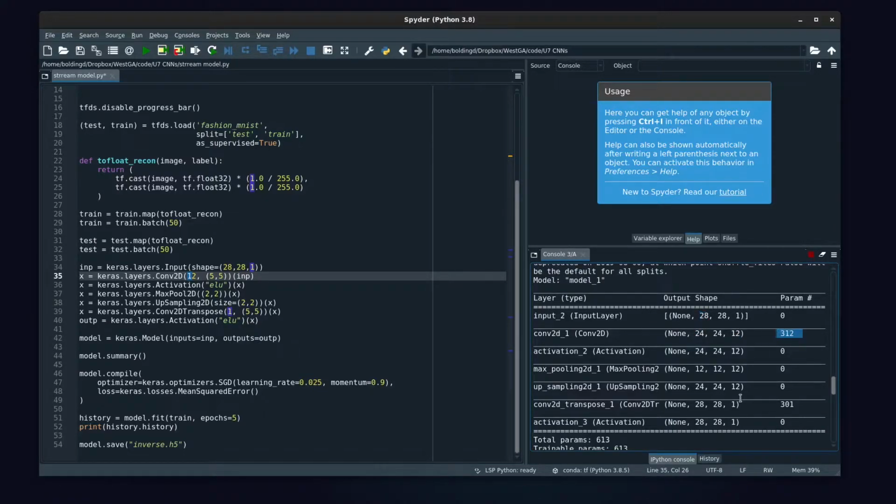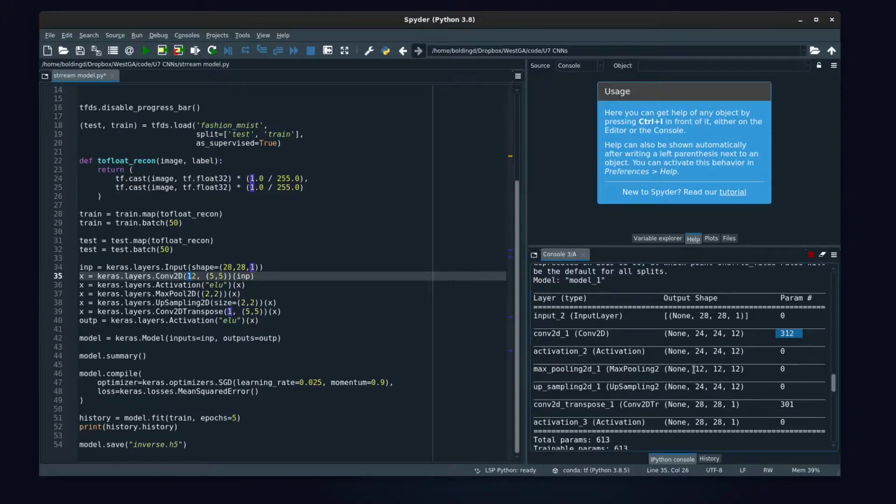And it works out to 312 parameters. If you do the math, that might not turn out to be the number you would think. That is because I believe these convolutions are also biased. There is a bias unit. So there will be 12 more parameters, right? One for each of the 12 filters.